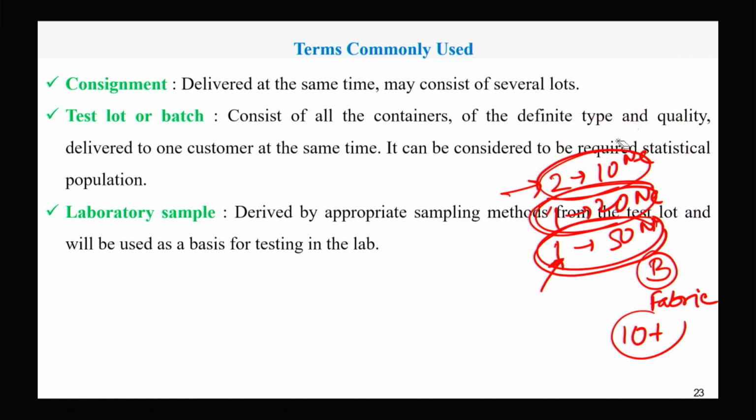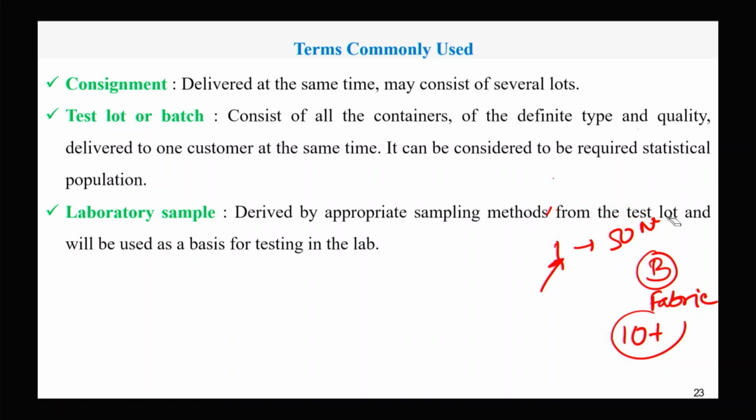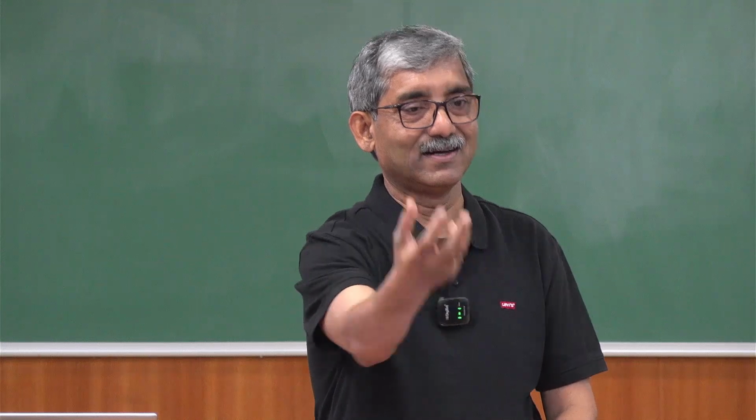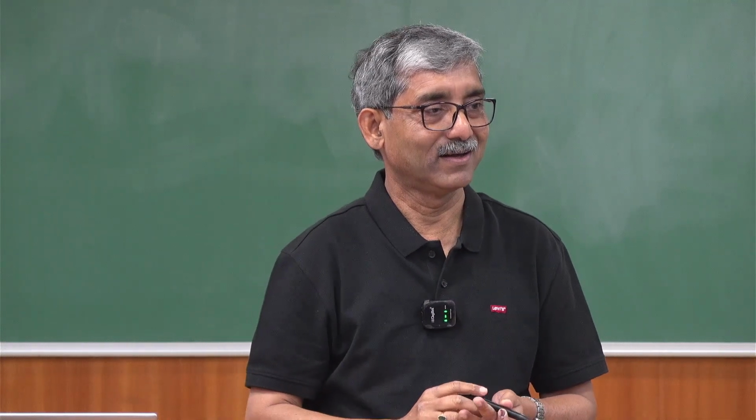And then, so this lot or population has come. So in that population, you have got different types of population, different batch. Now, for testing, you have to take the sample.